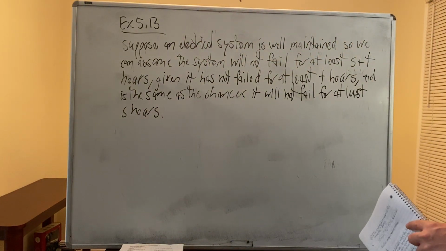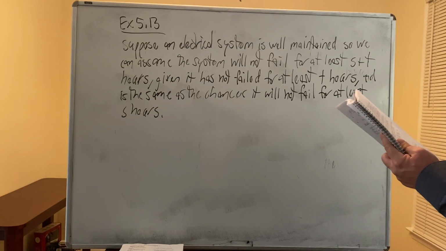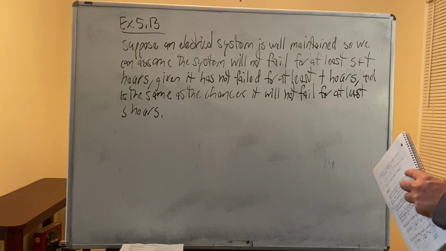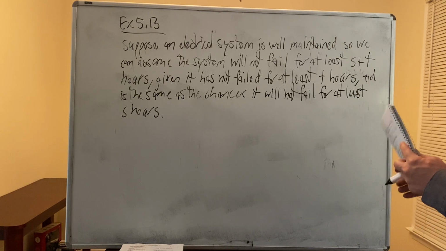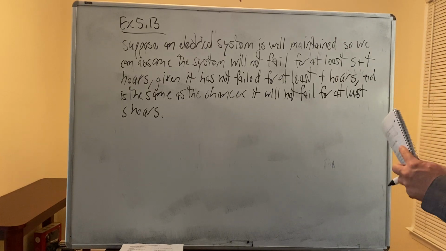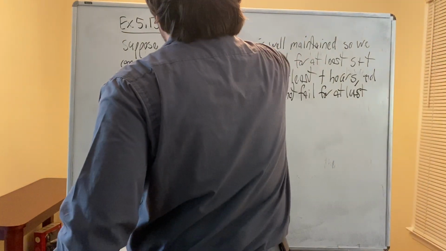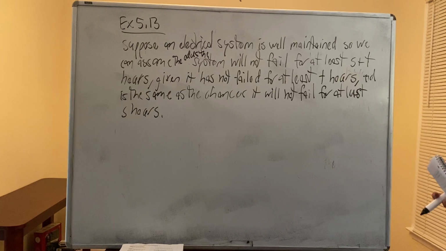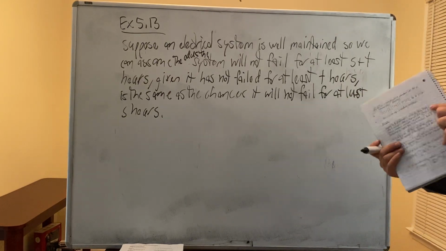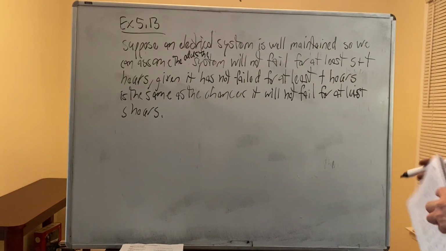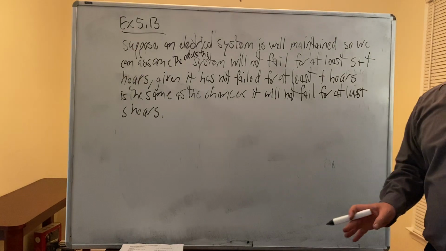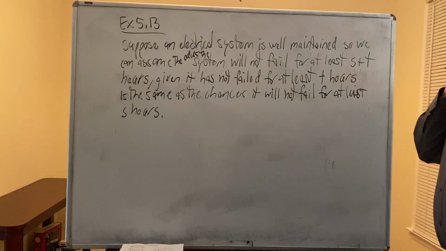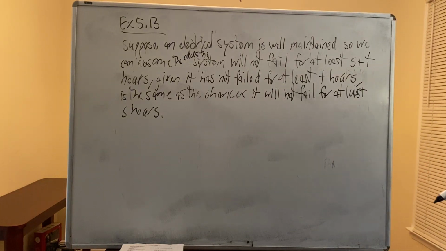Okay, so let me read that again. Suppose an electrical system is well maintained, so we can assume the odds the system will not fail for at least S plus T hours, given it has not failed for at least T hours, is the same as the chance it will not fail for at least S hours.